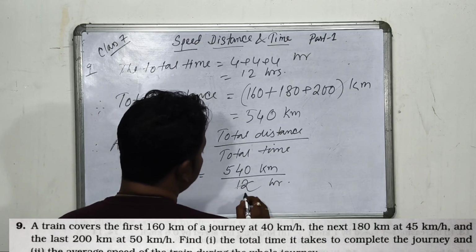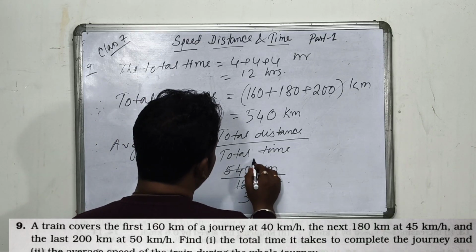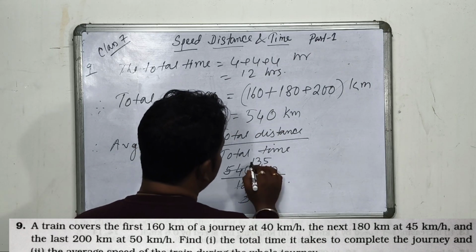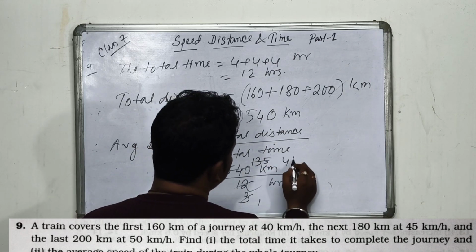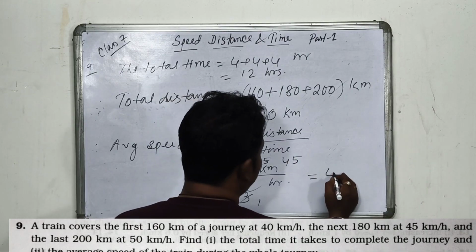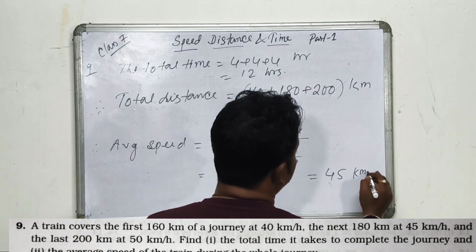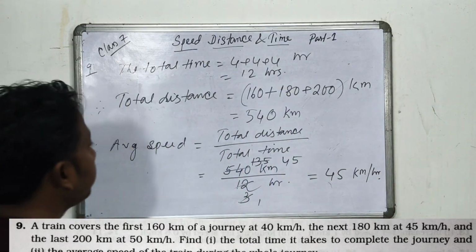So 540 divided by 12: 4 threes are 12, 4 fives are 20, so that is 45 kilometers per hour. So 45 kilometers per hour.